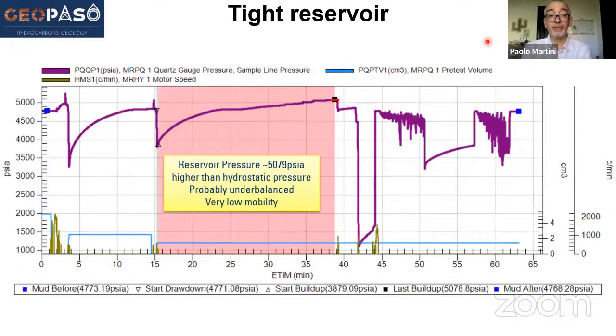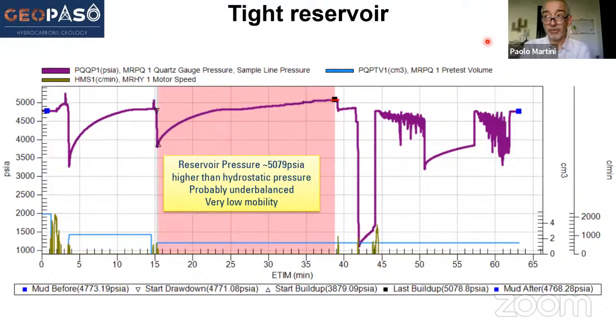The difference in pressure is considerable, because you have a hydrostatic pressure of 4,773, and the maximum pressure that was recorded was 5,079 psi. So you have something like 300 psi of difference.